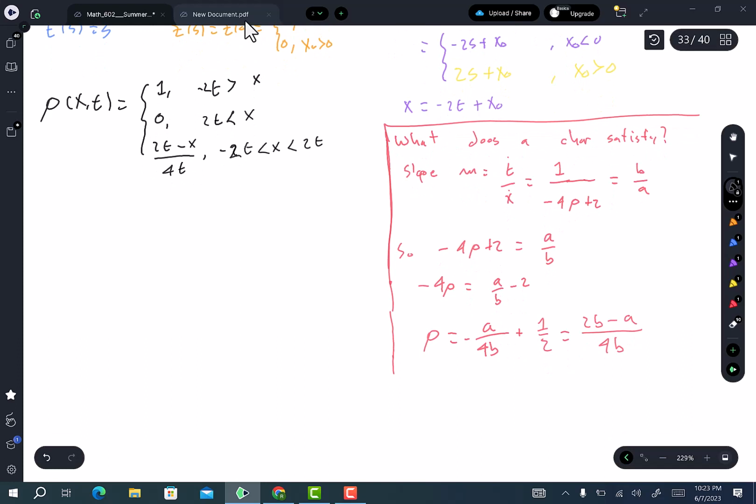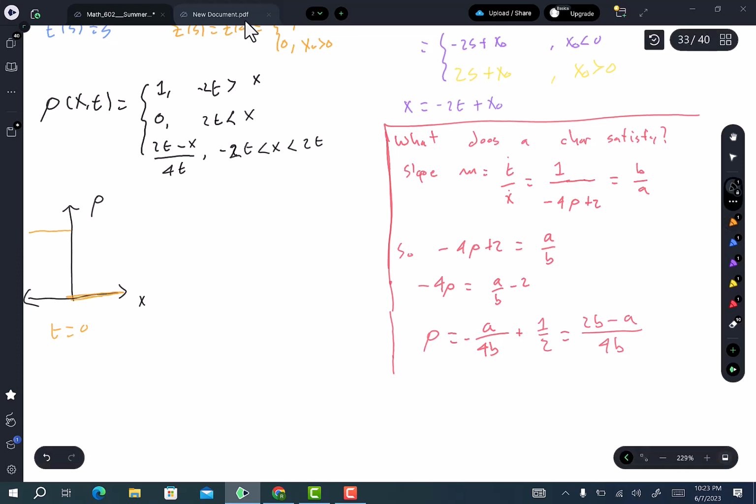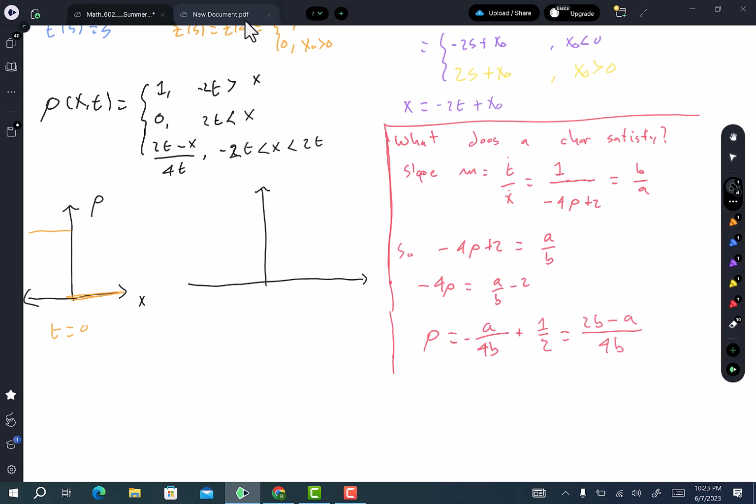Okay, so let's sketch a few solution curves so we can see what's going on here. This is the x-axis, this is the rho axis. When t is equal to 0, it's a fairly simple setup. The density is going to be 1 over here, and it's going to be 0 over here. Now let's look at what happens when t is equal to 1.